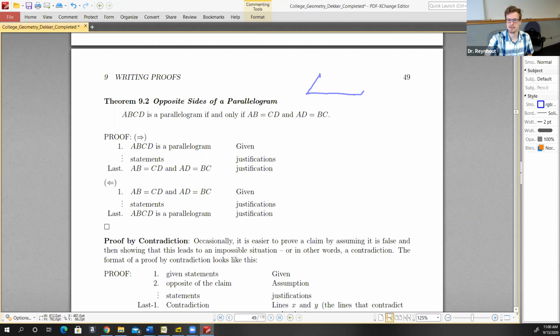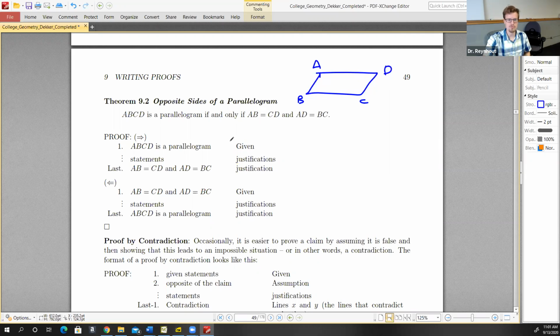So parallelogram ABCD, AB is equal to CD. There are no lines here, so those are just describing lengths. This length is equal to that length, and this length is equal to this length. We have a parallelogram.